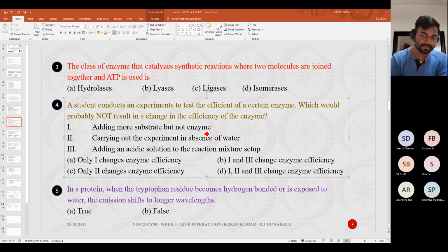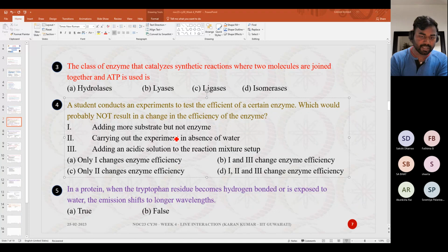Yes, I think it affects, sir, because a particular substrate has particular enzymes, so there is no formation of ES complex and no product formation. Okay. So you are saying that before it was catalyzing, if you add more and more substrate, it will not even catalyze the reaction? Not catalyzed, sir.